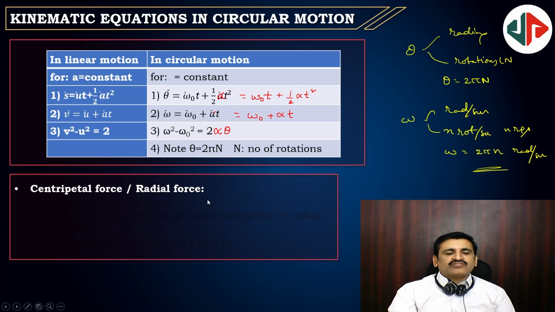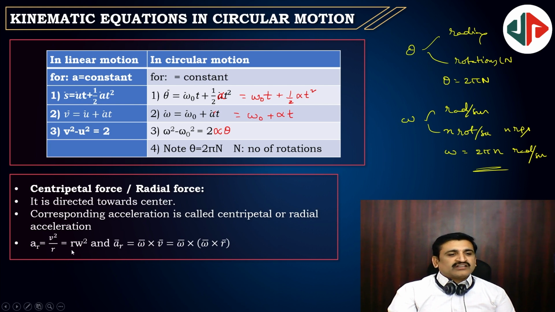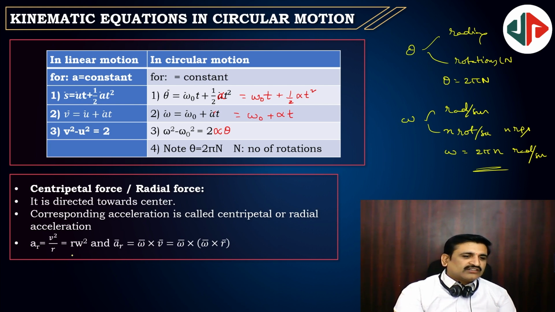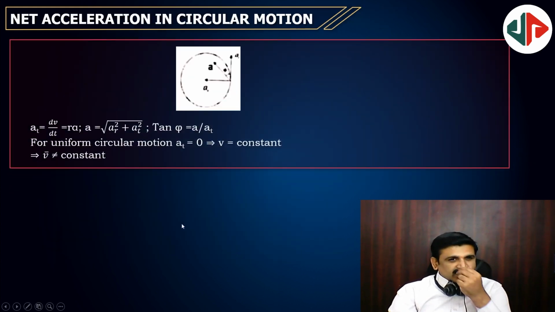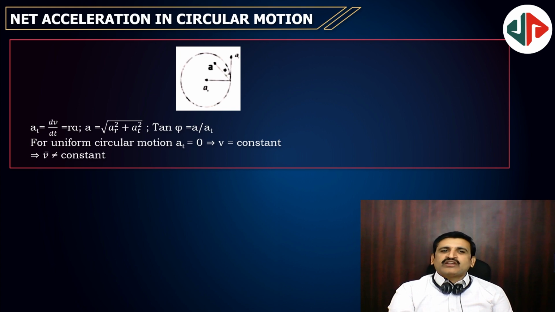Centripetal force or radial force acts towards the center. V square by R is the expression, and R omega square, not W, omega. AR equal to omega bar cross V bar, and omega bar cross omega cross R. Net acceleration in circular motion: in uniform circular motion tangential acceleration won't exist, but in non-uniform circular motion AT will be there and AR will be there.